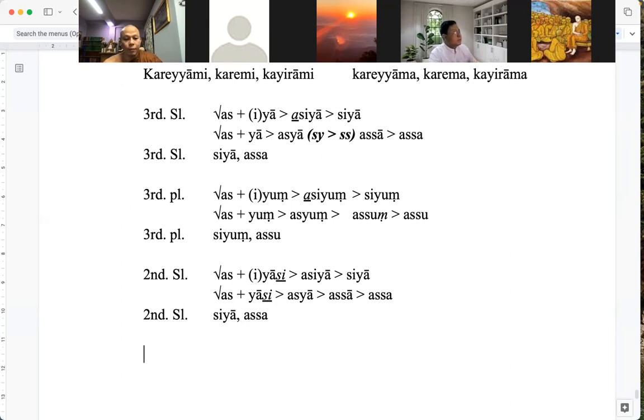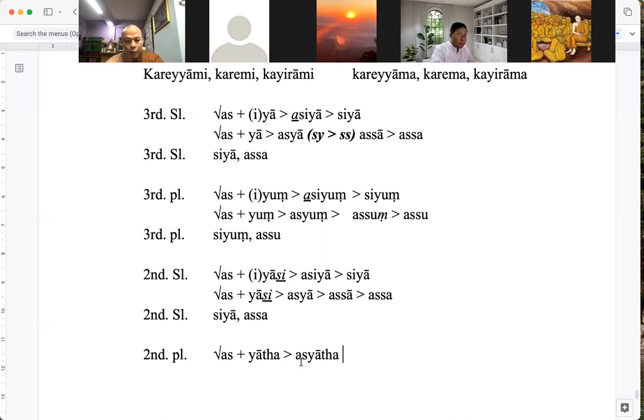And now second person plural. So root as, but we don't use insertion, only one form. Ya, ta, only ya, ta. So now we have the asyata.